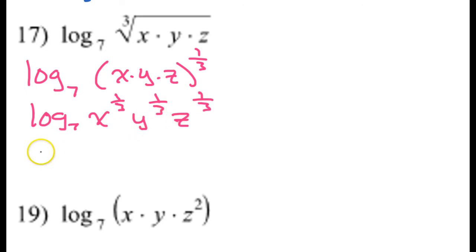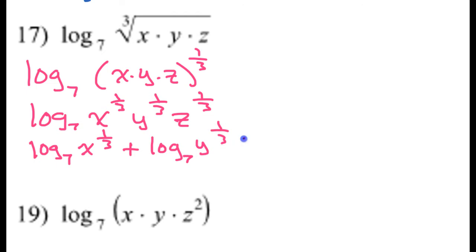Then you can use the product rule to write this as the sum of 3 logs. So log base 7 of x to the 1/3 power plus log base 7 of y to the 1/3 power plus log base 7 of z to the 1/3 power.